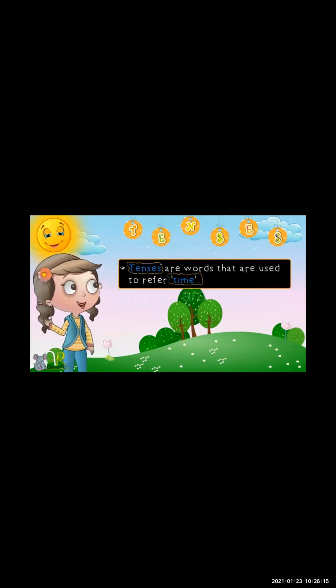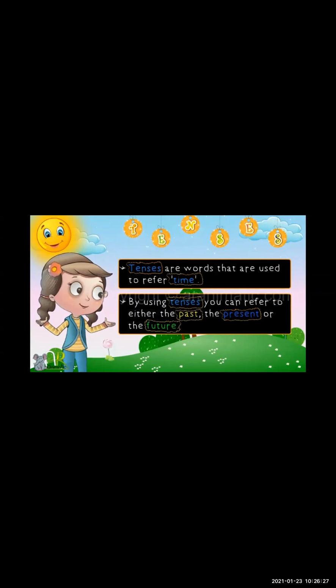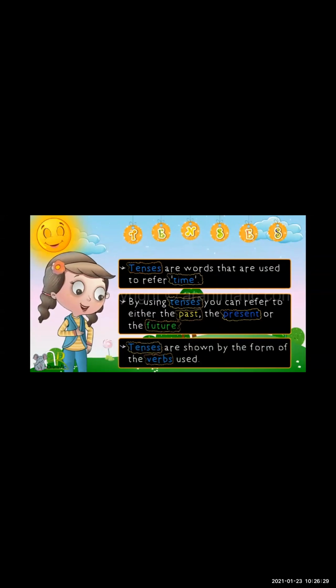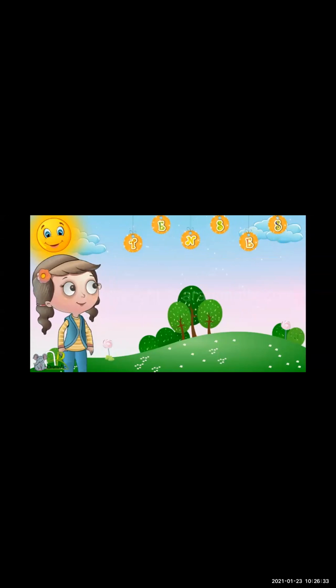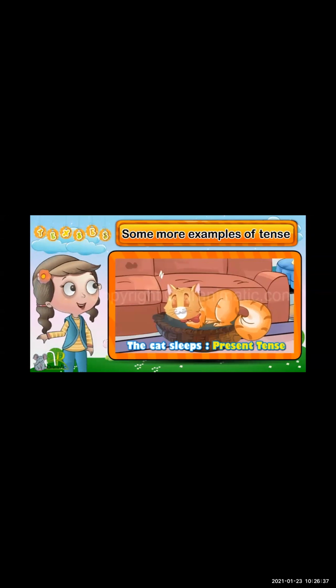Tenses are words that are used to refer to time. By using tenses, you can refer to either the past, the present, or the future. Tenses are shown by the form of the verbs used. Some more examples of tense: The cat sleeps, present tense.